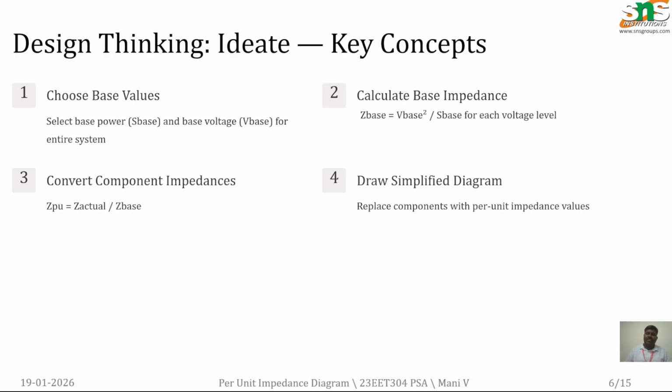After calculating the base impedance, we have to convert the power system components into per unit impedance. The main formula to calculate the new per unit impedance is the actual impedance divided by the base impedance. The actual impedance will be given, and from the second step we are calculating the base impedance.